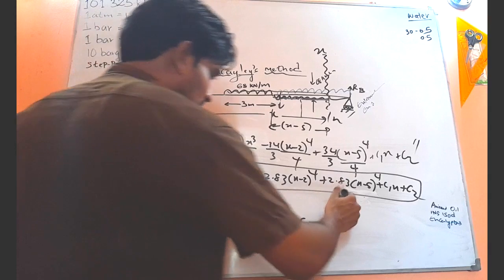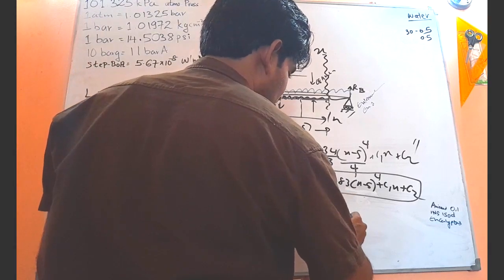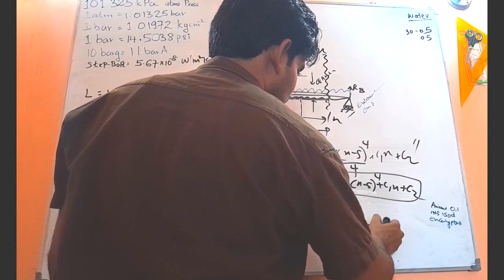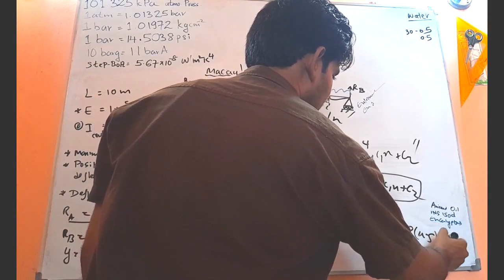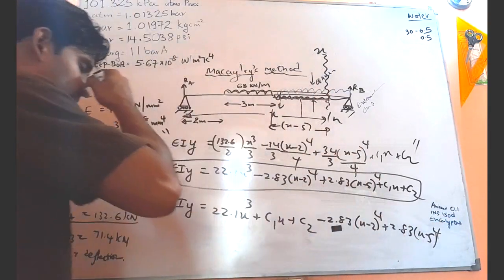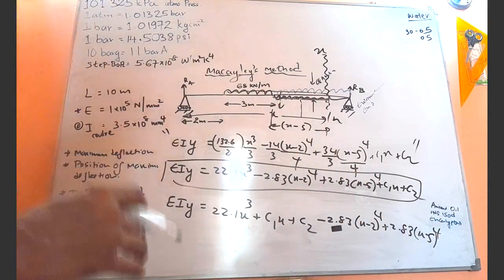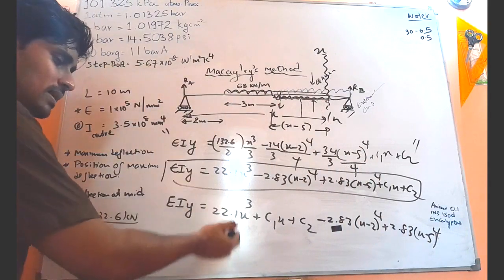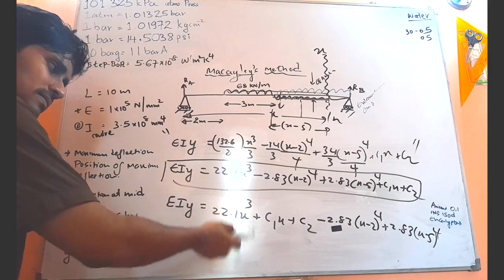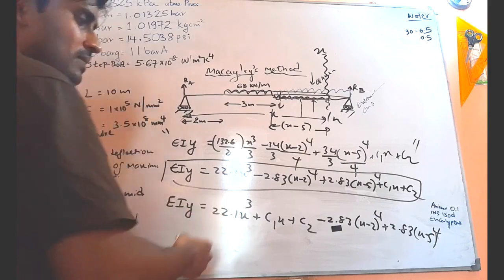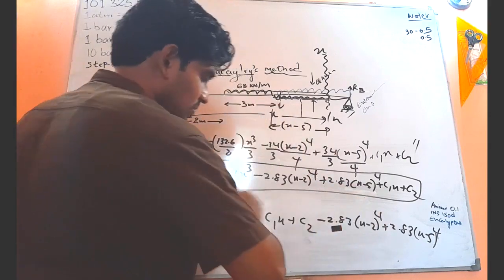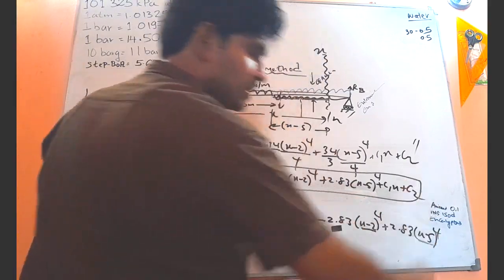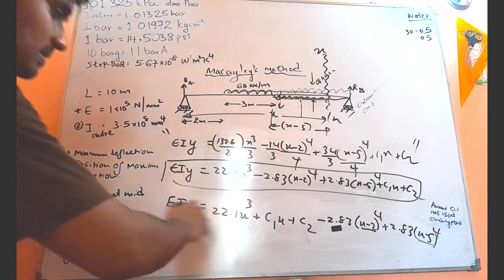These other terms are also there, but it doesn't matter. So write minus 2.83 (x minus 2) to the power 4 plus 2.83 (x minus 5) to the power 4, but when applying the limits, just consider only the terms with powers of x.